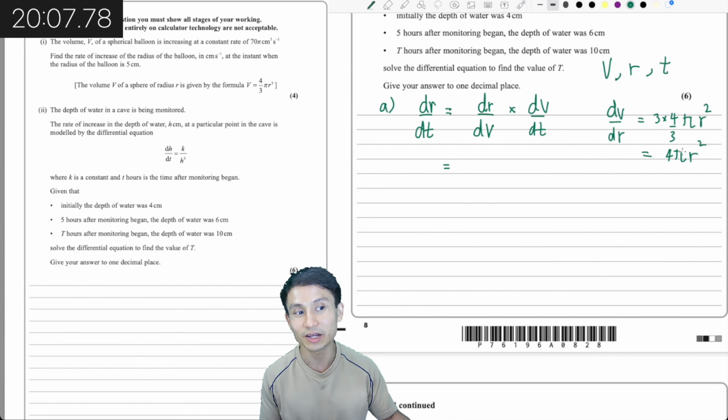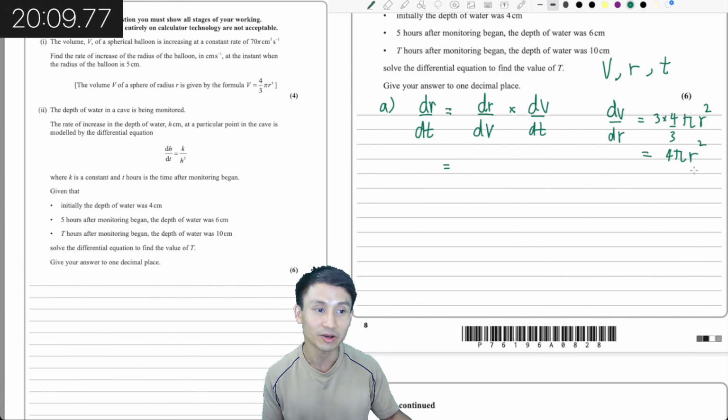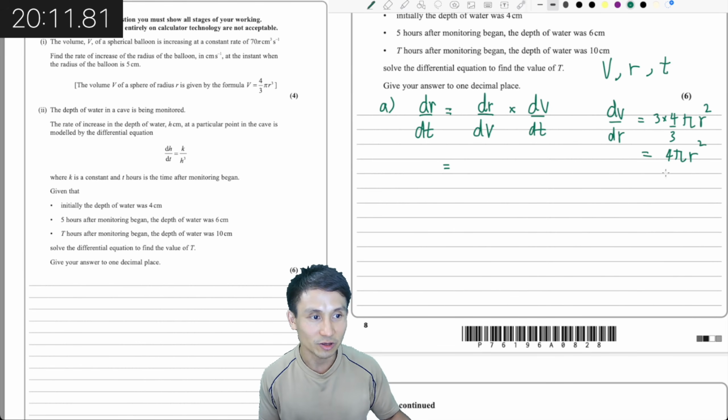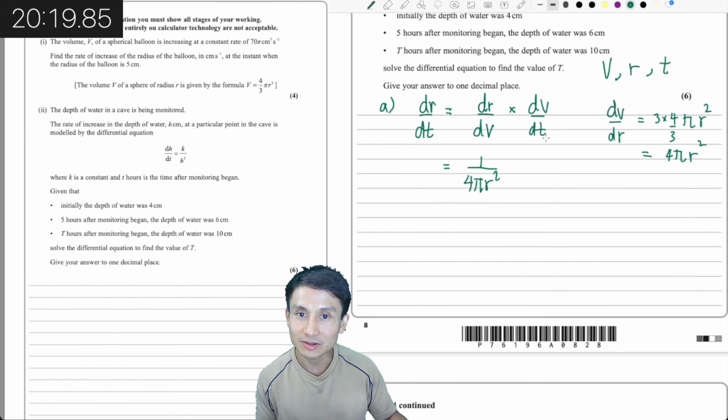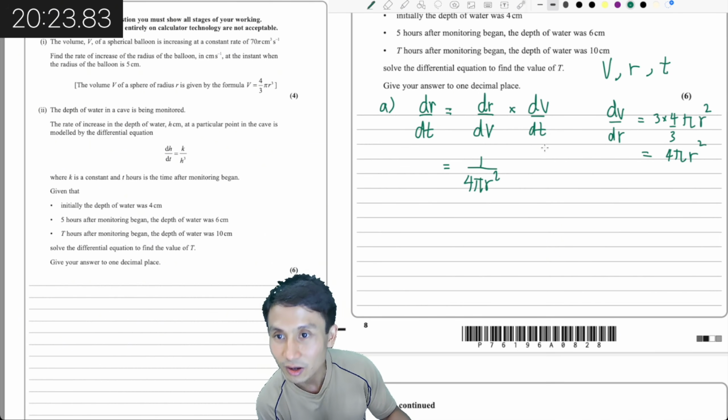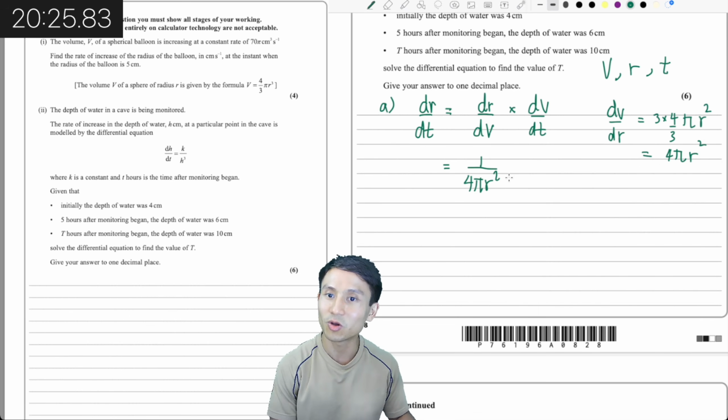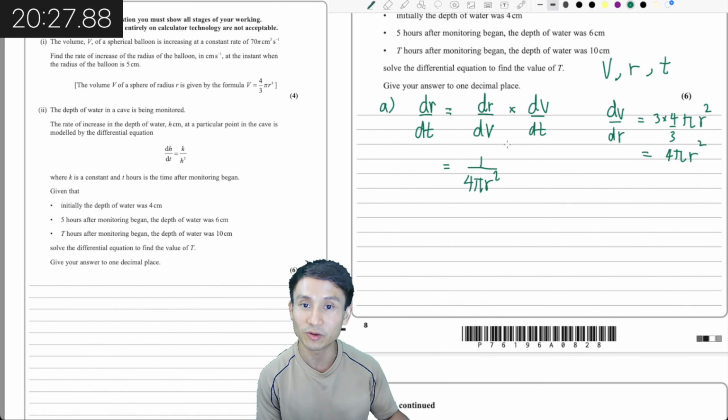You differentiate the volume of a sphere, you get the surface area. So if you flip that, then dr by dV would be 1 over that, right? We just plug that in. And dV by dt is given. Oh yeah, the volume is increasing at the rate of 70 pi. So we're going to plug 70 pi in there.